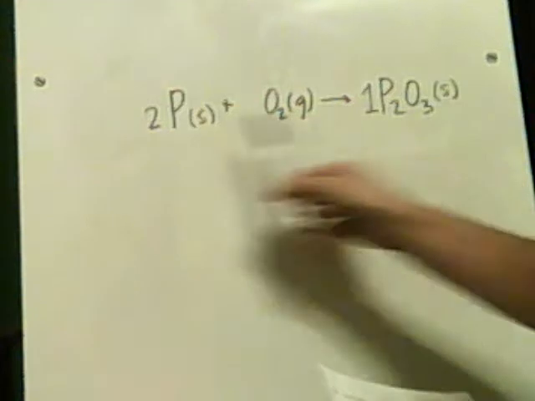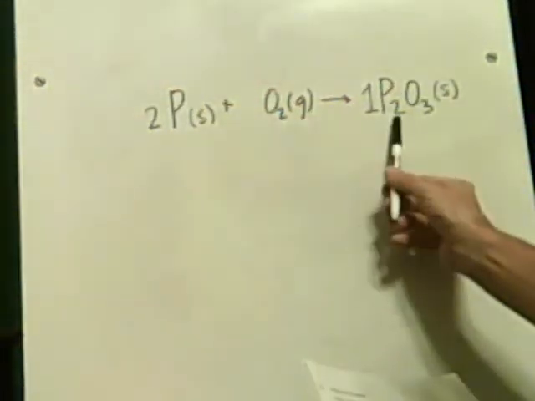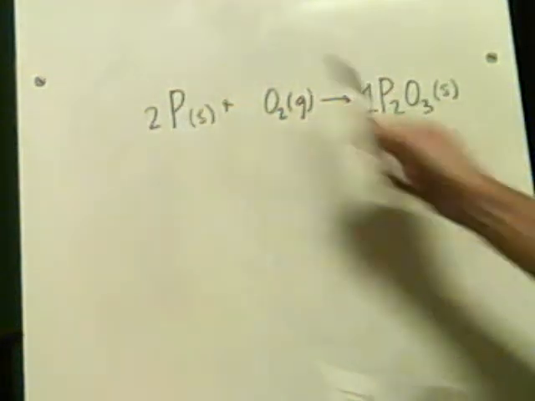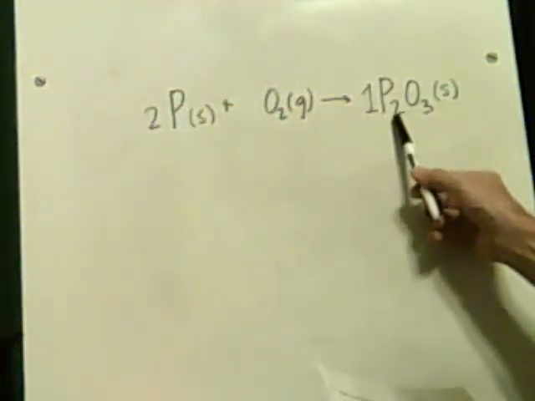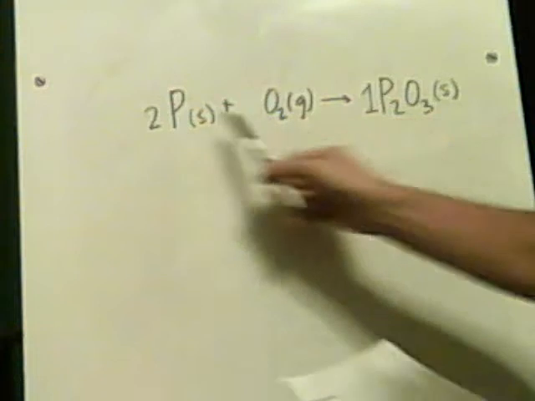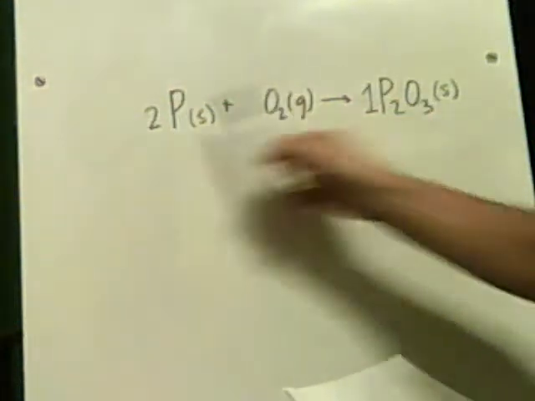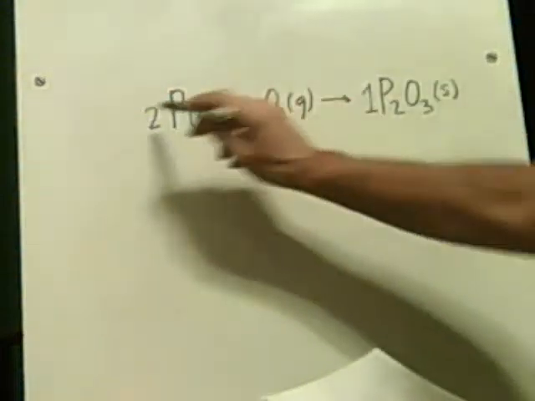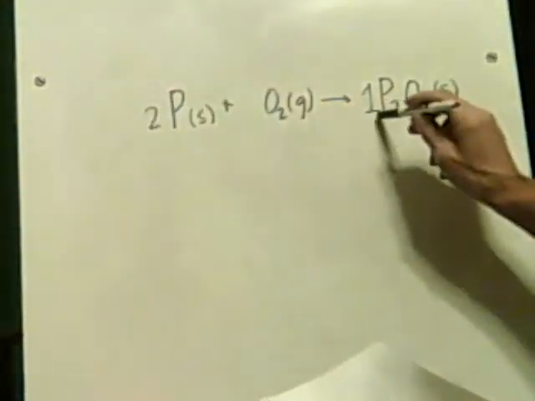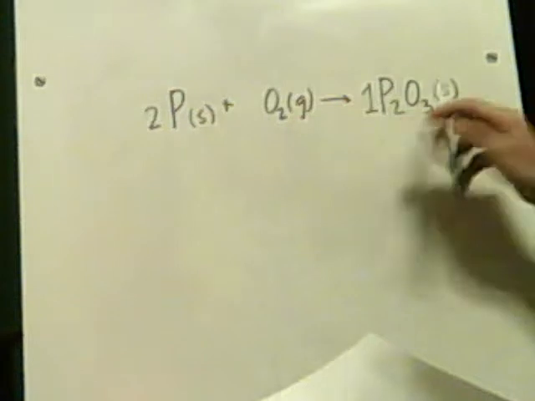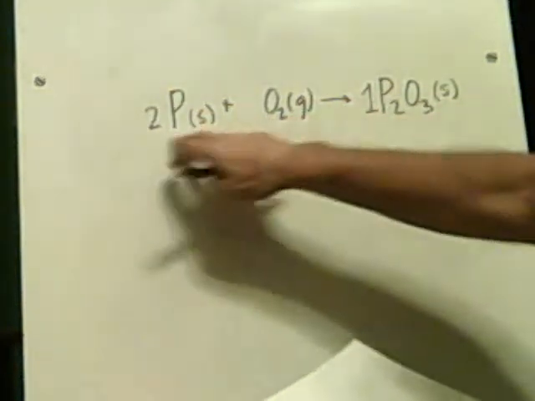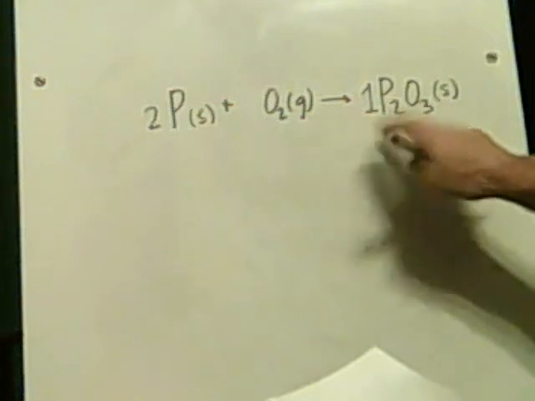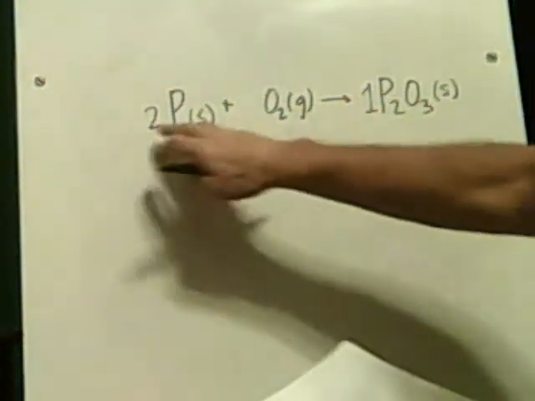So the idea is, I just picked an element that only shows up in one compound on one side and one compound on the other side. I could have started either with the oxygen or the phosphorus, but I decided I'll just start with the phosphorus, that's first. And then I want to make the same number on both sides, and I'm going to start with a 1 somewhere. First I put the 1 there, but then I would have had to put a half here. So I decided, okay, I'll put a 1 here, and that gives me a 2.